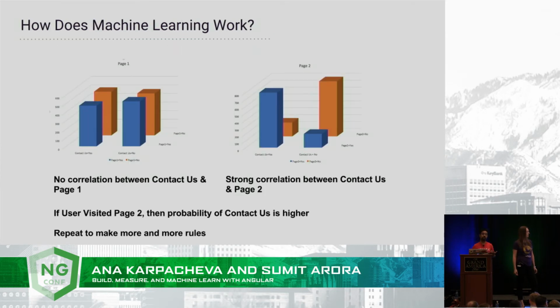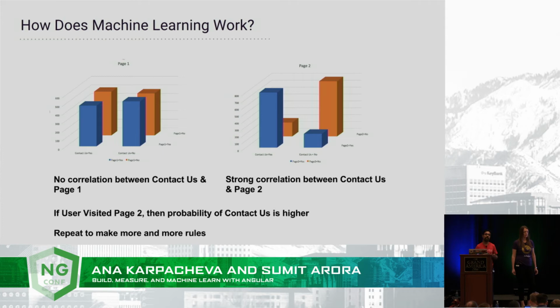Now, the question is, how does it know? How does it generate the model? So for this, if you look at the diagram over here, you can see there is no correlation between page 1 and a button a user clicks. It's usually the case because when I visit a website, I'm not going to subscribe just by looking at the first page.